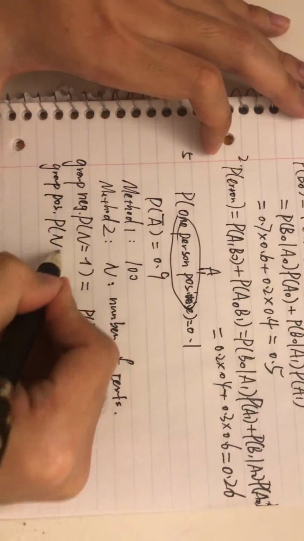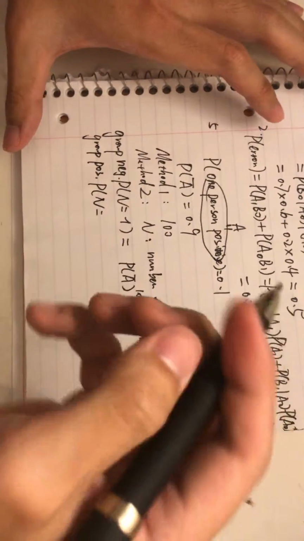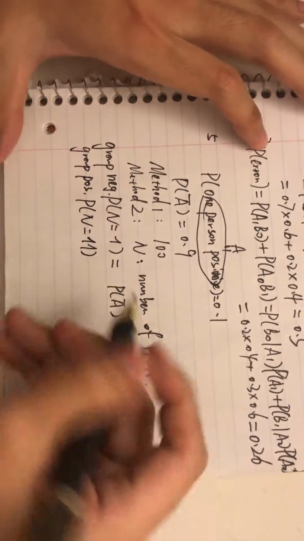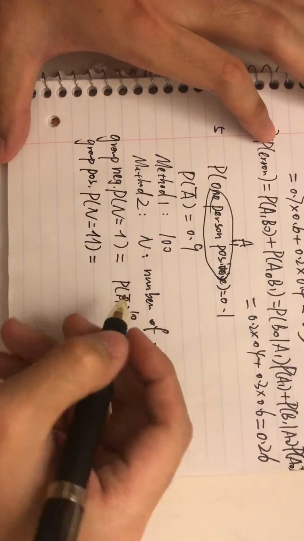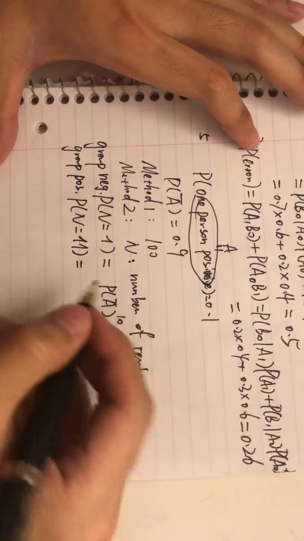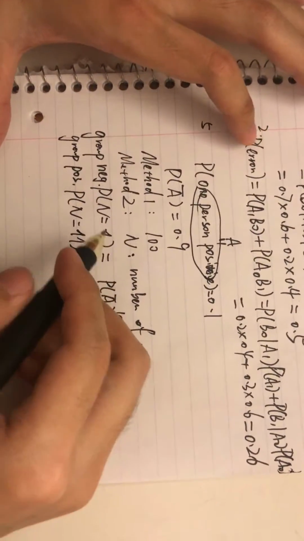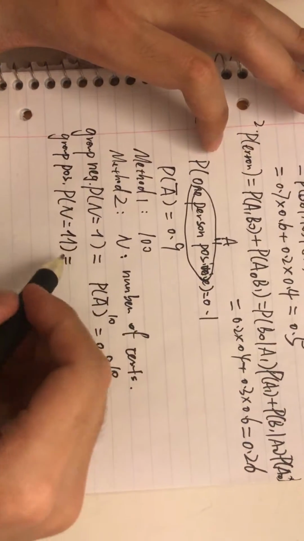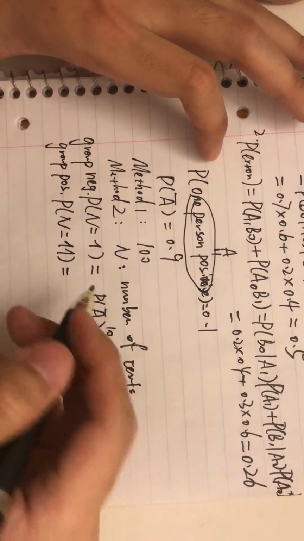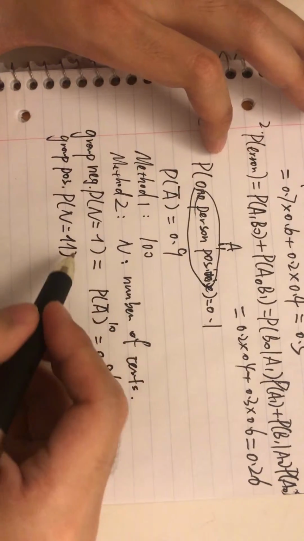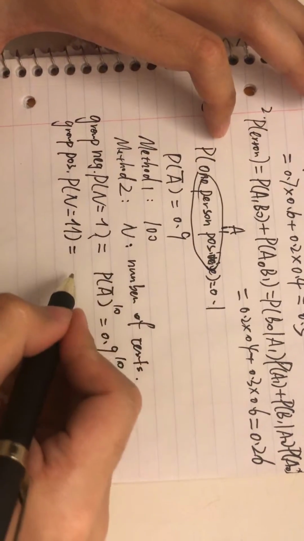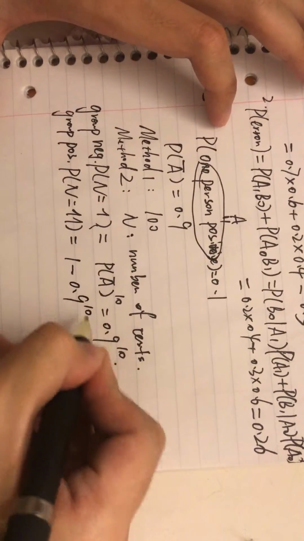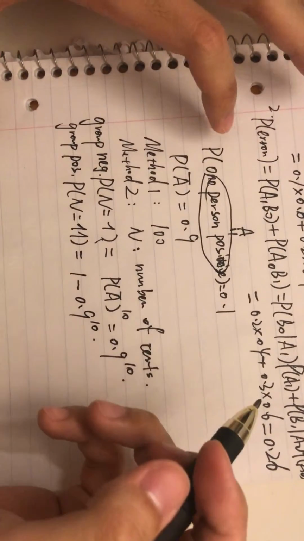Then there are 11 tests in total, so n equals 11. This is actually the mutually exclusive event of the first one, so we use 1 minus 0.9 to the 10.